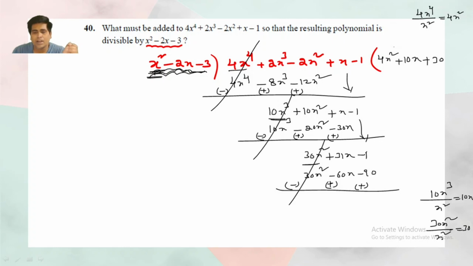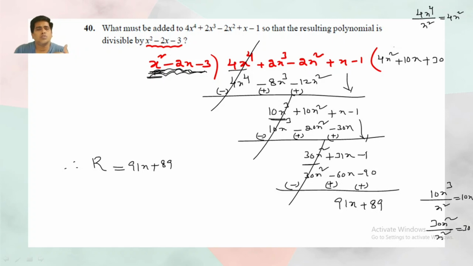Clearly the first term will get cancelled. Plus 60 plus 31, total 91x we are getting. 90 minus 1, that is clearly 89. So whatever remainder we are getting, the remainder is 91x plus 89.